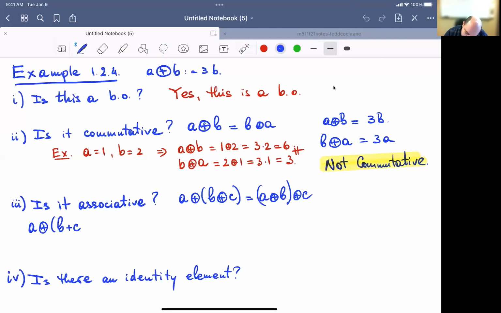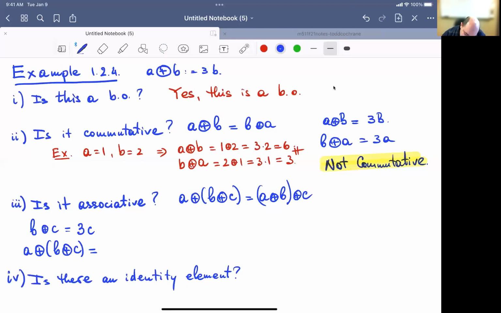Actually, let's do it like this. First, let's consider b circle c. With our definition, this is equal to 3 times the second number, which is 3c. And then I need to do a circle of 3c.